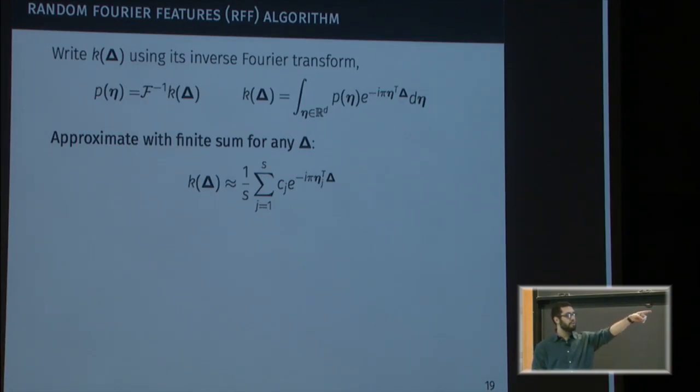And Cj is just some reweighting, because I have to weight up the importance of the frequencies I consider, since I'm not going to look at all of them. You would like to sample according to the Fourier coefficient. Yes, this is ultimately what we will do. We will sample by the Fourier coefficients. But we'll see some ways this is not the best thing to do.